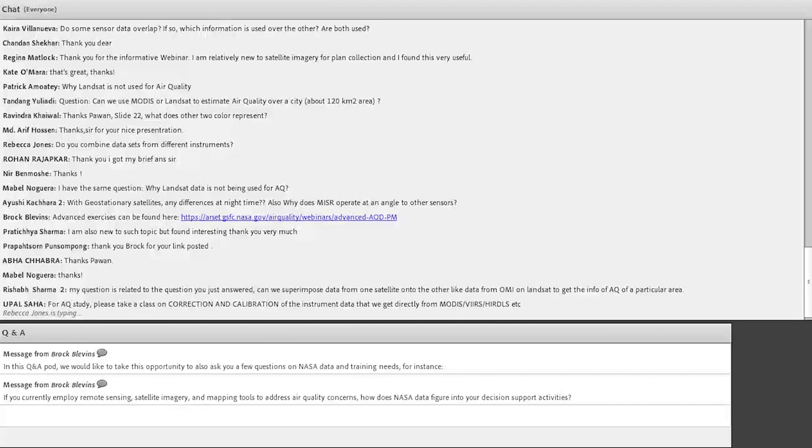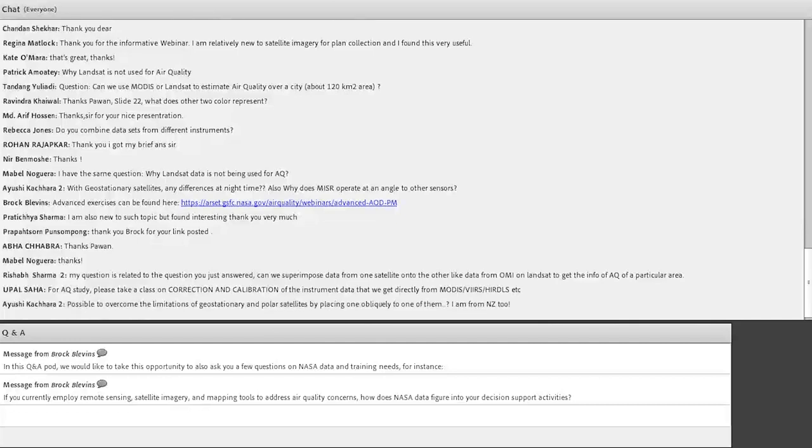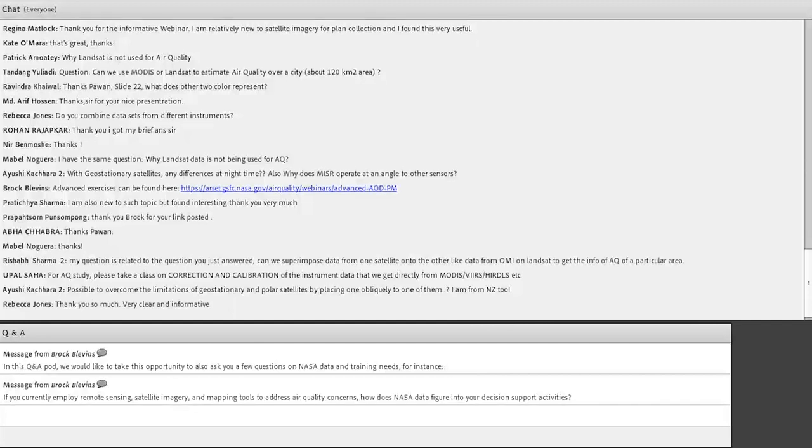With geostationary satellites, are there any differences at night time? Also, why does MISR operate at an angle to other sensors? Okay, the geostationary satellite, it depends on what we are trying to do. Like I said, all these passive sensors can be geostationary or polar. If they depend on solar energy and are operating in the visible part of the solar spectrum, then they can only operate in daytime.